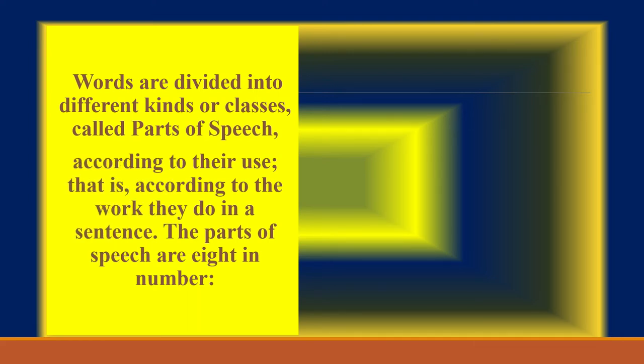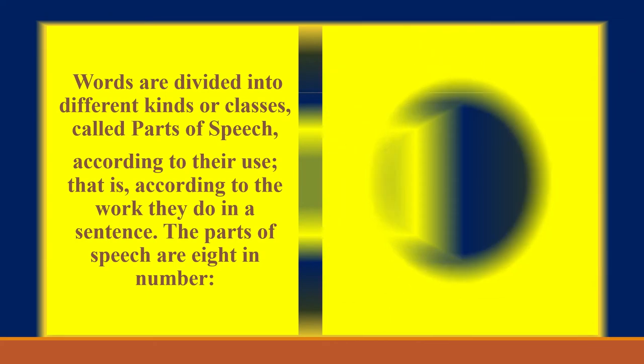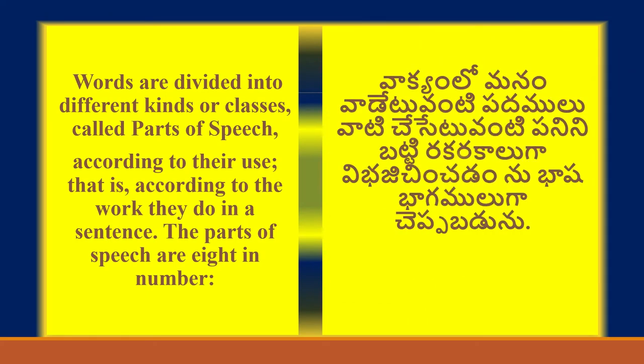See here, according to their usage, that is, according to the work they do in a sentence, the parts of speech are 8 in number. How many are they? 8 in number. According to the use, according to the work they do in the sentence, we can categorize, we can classify parts of speech into 8. Understand? So let us look here.